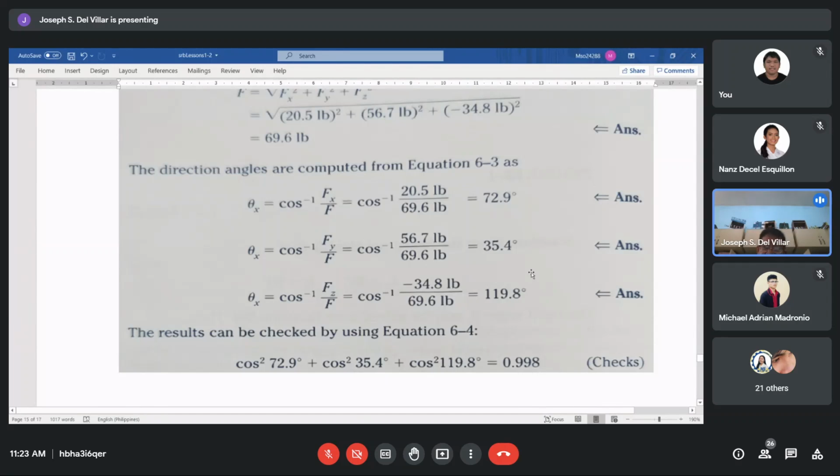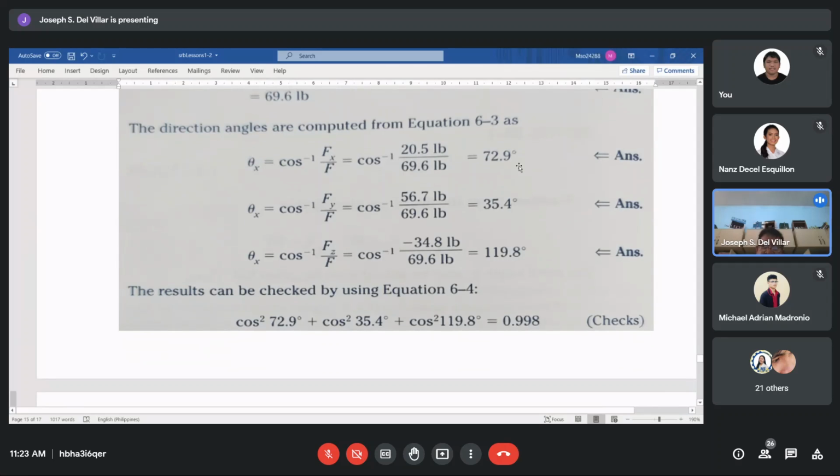The best way to check is to substitute all of these angles to the identity-like equation. Cosine squared ng bawat isa, add them, then try to see if the sum of these three are equal to 1 or almost equal to 1. Okay? So ito, 0.998, almost equal to 1. So that is already correct.